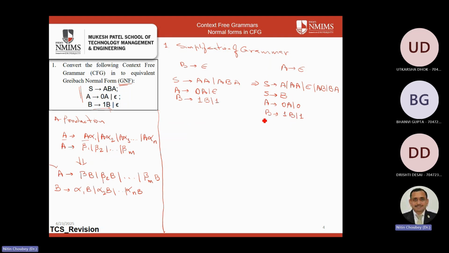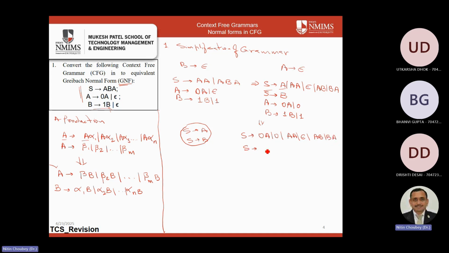Now the next step is removal of unit productions from the grammar. So what unit productions do we have here? S gives A, this is one unit production. Similarly, S gives B, this is another unit production. So let's remove these productions and replace them with their own respective productions. We will have S gives 0A | 0 | AA | epsilon | AB | BA.